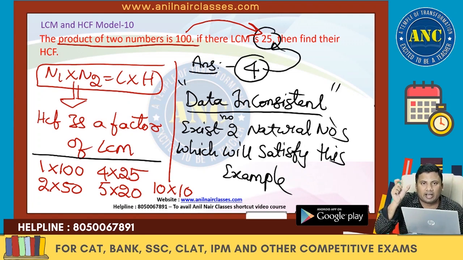Without reading the first point, you are reading point number 2. If anybody has taught you this formula without telling you that the HCF should be a factor of the LCM, they are cheating you in the name of teaching. They do not even know the basics of number system.